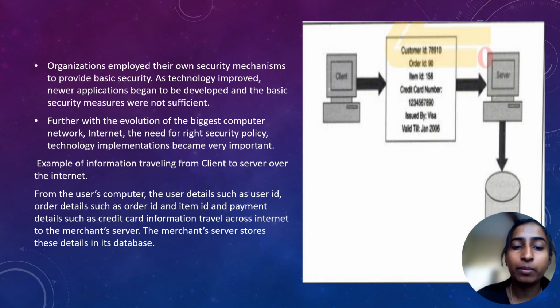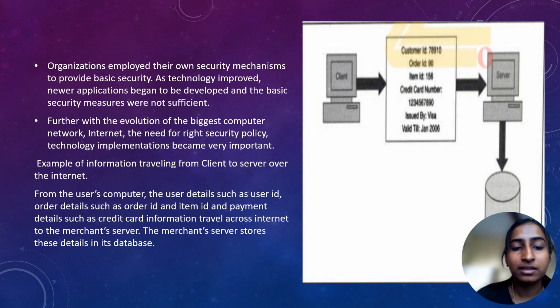As technology improved and newer applications began to be developed, the basic security measures were not sufficient. Further, with the evolution of the biggest computer network, the internet, the need for the right security policy and technology implementation became very important.